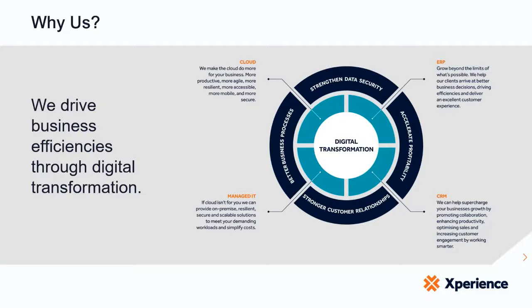So, why us? There are 4 key pillars to our business: ERP and accounting; cloud, where we lift and shift traditional on-premise servers and infrastructure into a modern cloud workspace; managed IT, supporting our clients' day-to-day IT needs; and CRM, which is where Dynamics 365 sits.